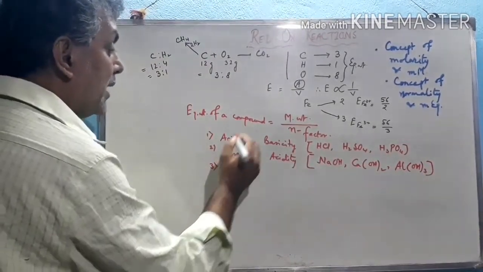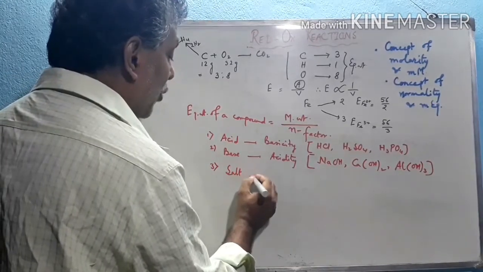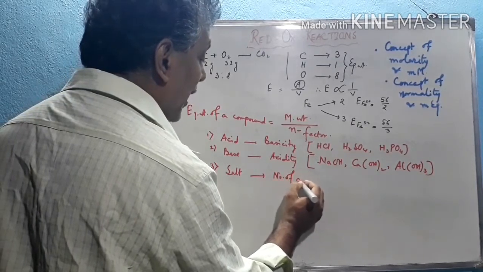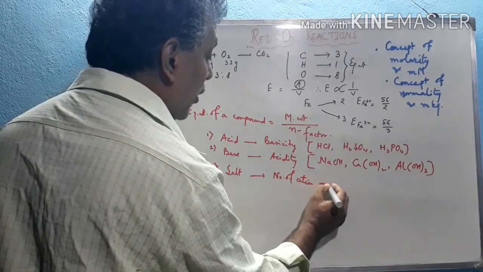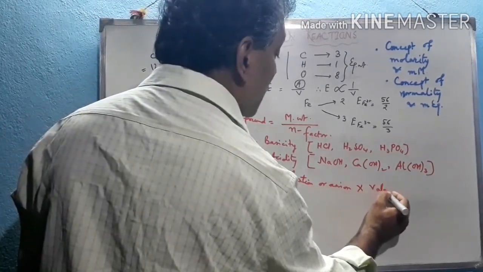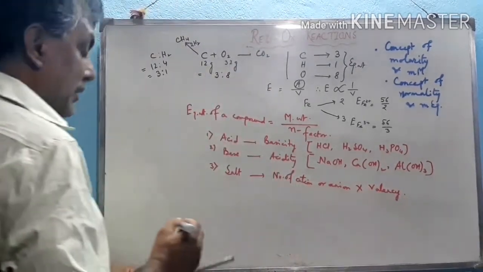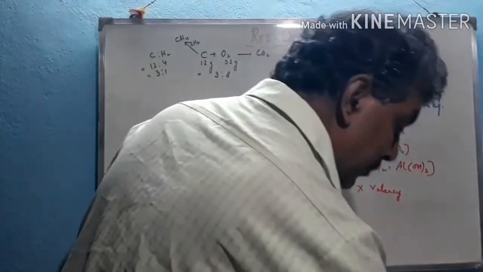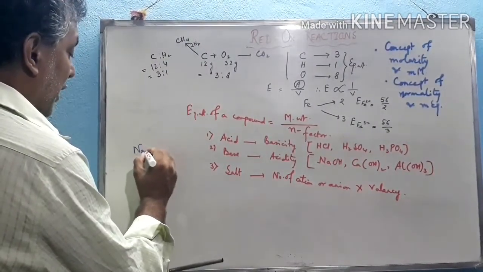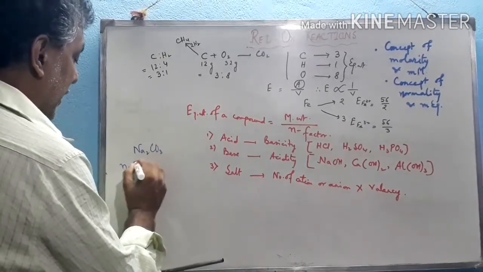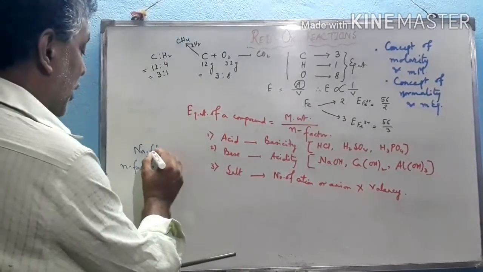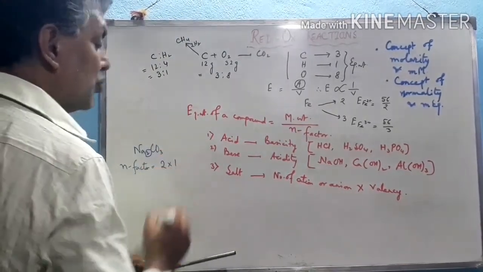Now, what is the n factor for a salt? For a salt, we can write the n factor as the number of cations, or anions, into the valency of the corresponding charge. Suppose in the case of sodium carbonate, if we take the sodium cation, the number of cations is 2 into a valency of 1.